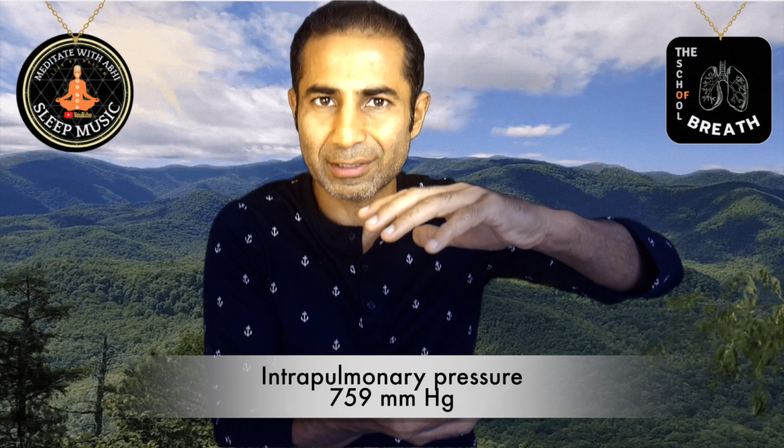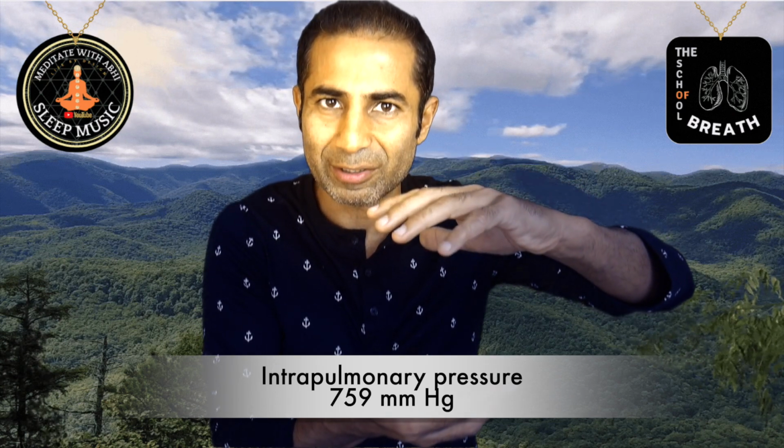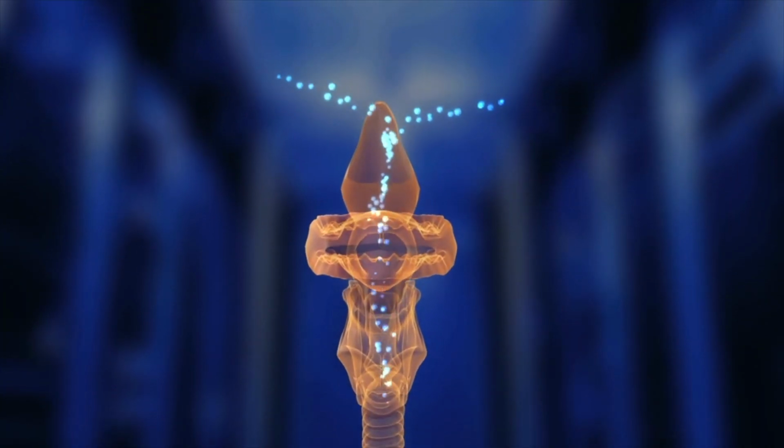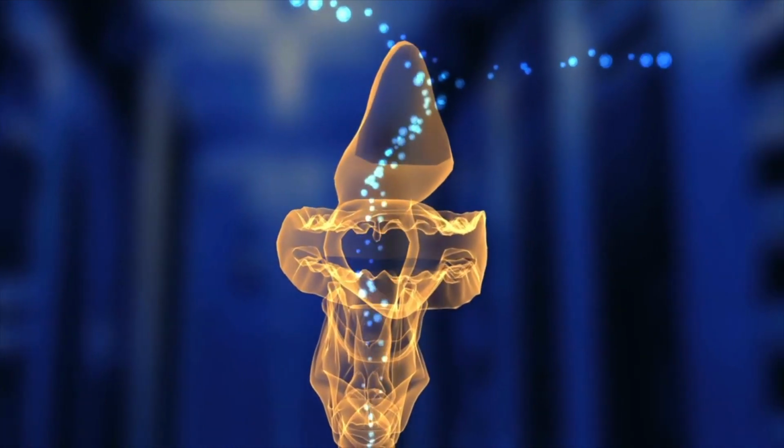When the volume increases, the pressure drops to 759 millimeters of mercury. As there is a 1 millimeter mercury difference between the outside pressure and the intrapulmonary pressure inside the lungs, the air rushes in. The same thing happens in reverse when you exhale.